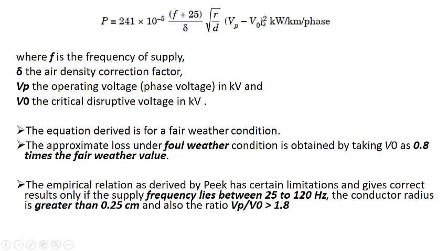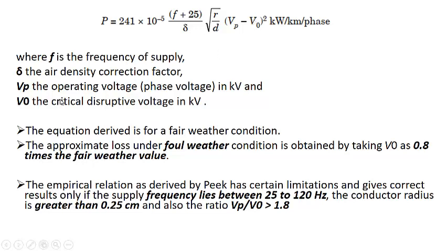V0 will be the operating voltage, and Vd the critical disruptive voltage. Some write V and some write Vc, where Vc is the critical disruptive voltage and V is the operating voltage. So, not looking at the nomenclature, just understand that the first voltage in this square term is the operating voltage, and the second term is the critical disruptive voltage.